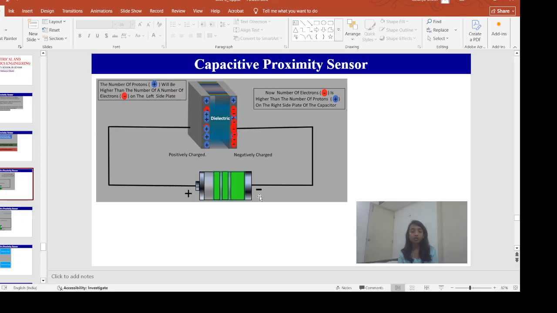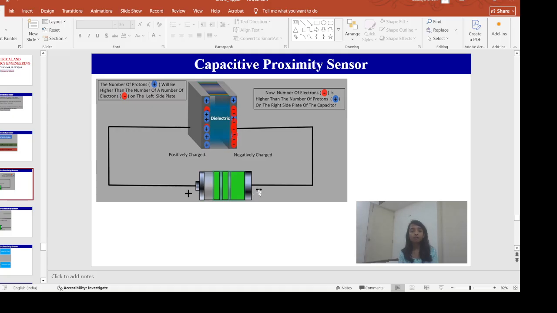At both the plates we have holes and electrons. Since these are metal plates, obviously the number of electrons will be more than the protons.